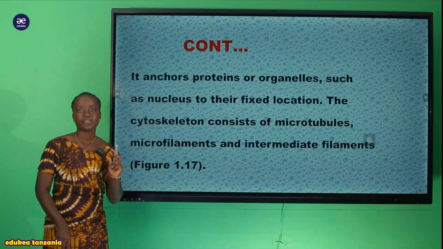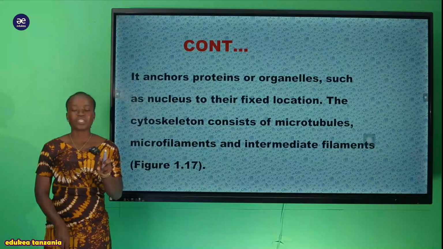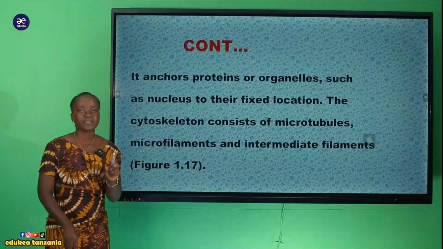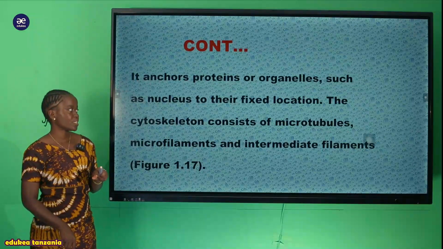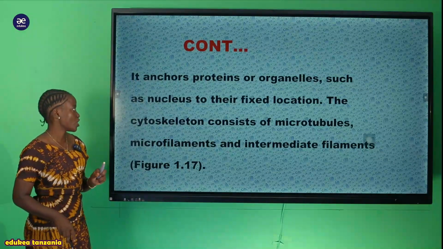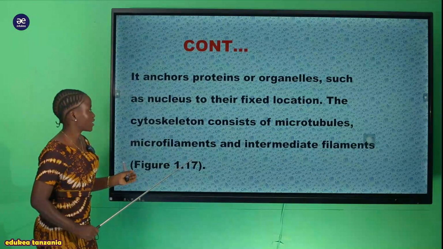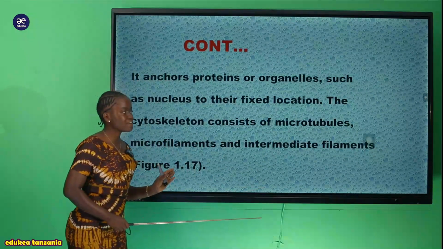So you see that the nucleus is in its required place just because of the presence of the cytoskeleton which is found within the cell. Also the cytoskeleton consists of microtubules, microfilaments and intermediate filaments.